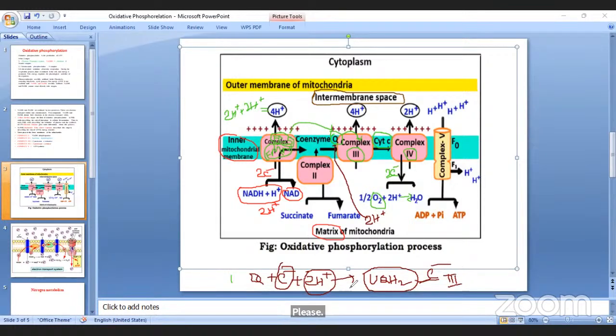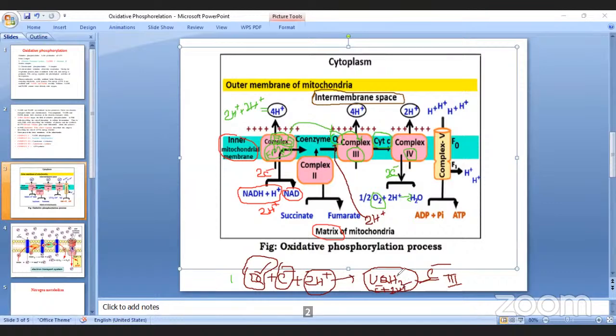Apart from the electron, in UB quinol, what is present? 1 electron and protons. In UB quinone, there is no electron, no protons. But in UB quinol, what are present? 1 electron and how many protons? 2 protons are present.